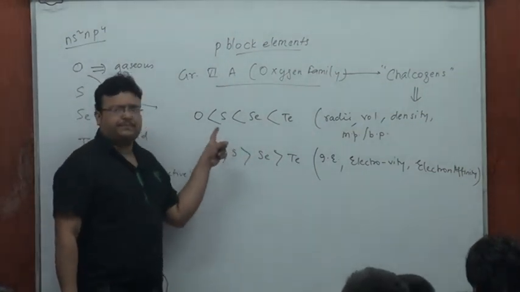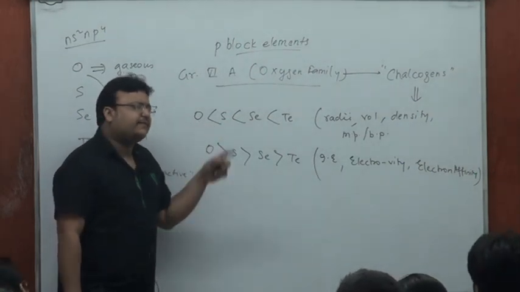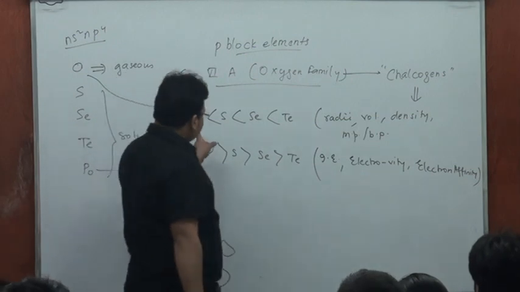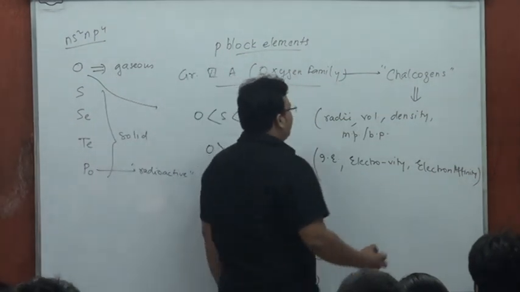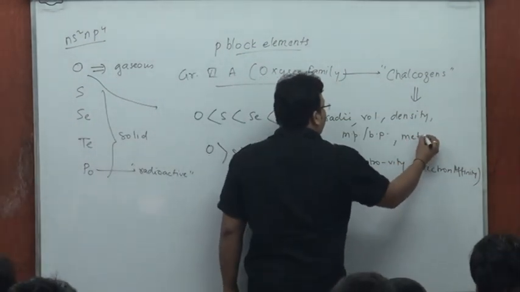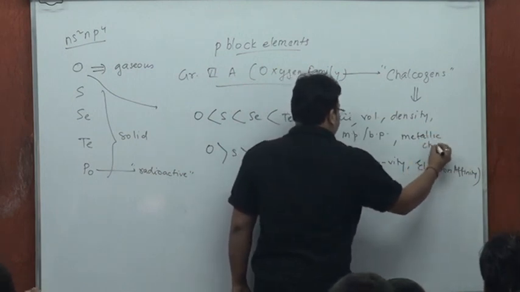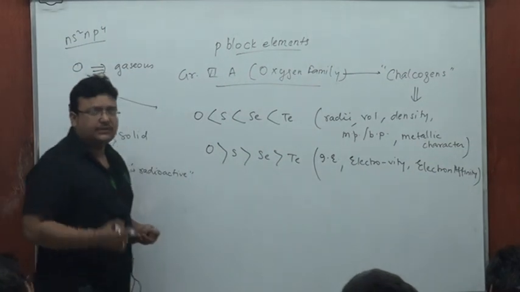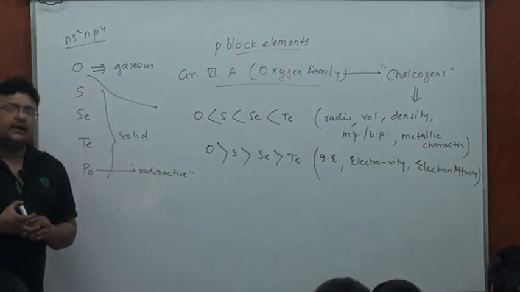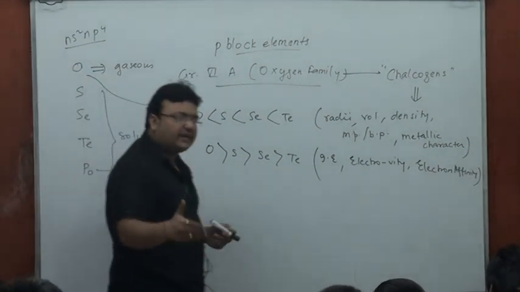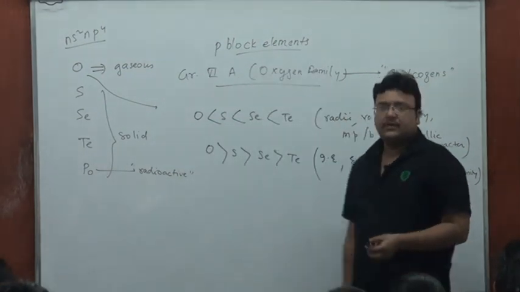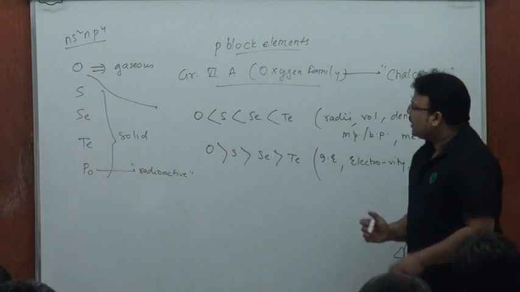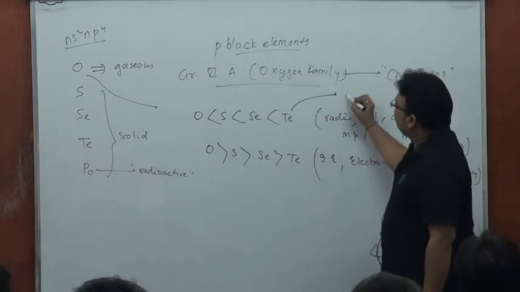And down the group, as ionization energy decreases, it's more readily available to donate electrons. This might well be taken as the order of metallic character. Although with this family, like halogens, we associate electronegative, acidic, non-metallic behavior, down the group, as ionization energy decreases, they are prepared to lose electrons, and you will find that tellurium is going to behave fairly metallic.